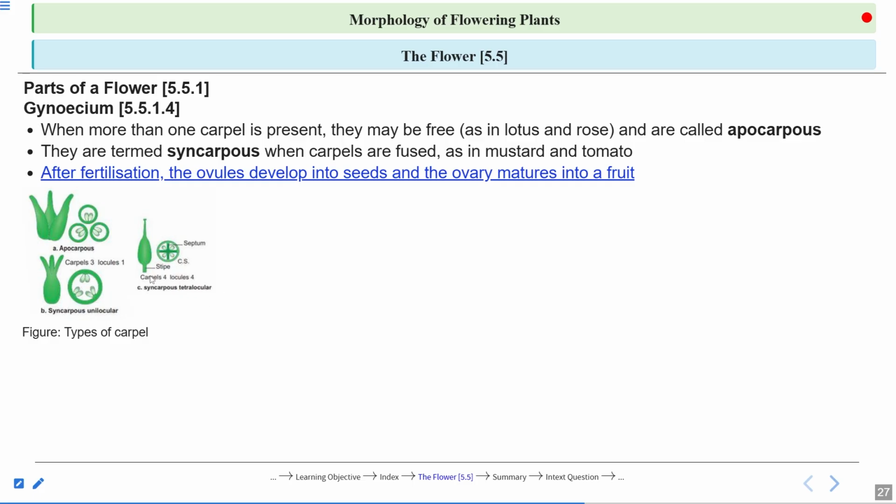Syncarpous tetralocular. This is one locular, and this you can see is tetralocular: 1, 2, 3, 4 locules. Ovaries are fused, but their walls are distinct. Here the ovaries are fused, but their walls are not distinct. So only one locule is there, but here 4 locules are there.